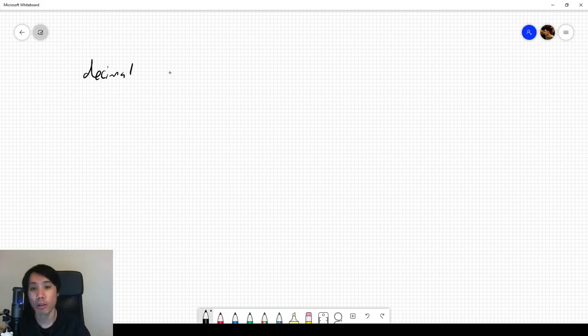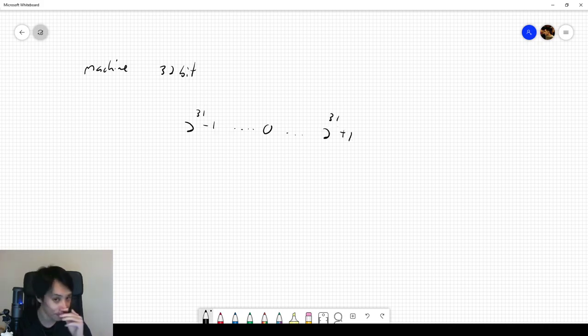Assuming your machine is a 32-bit machine, if you want to avoid overflow, it's going to be from negative 2 to the power of 31 minus 1, all the way to 0, all the way to 2 to the power of 31 minus 1.